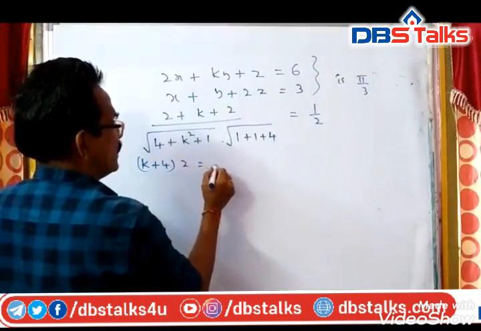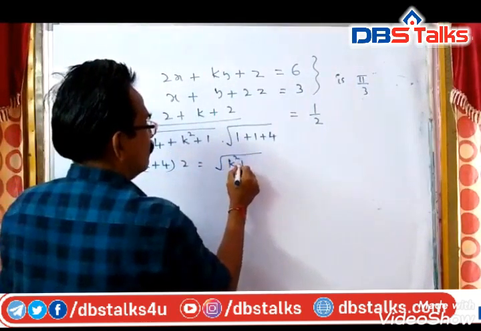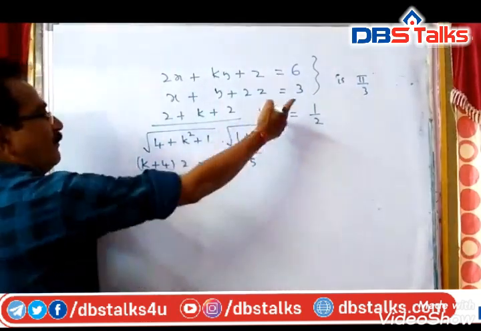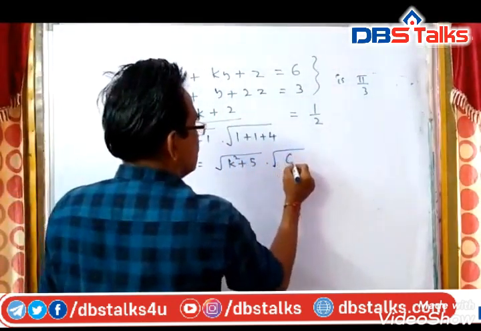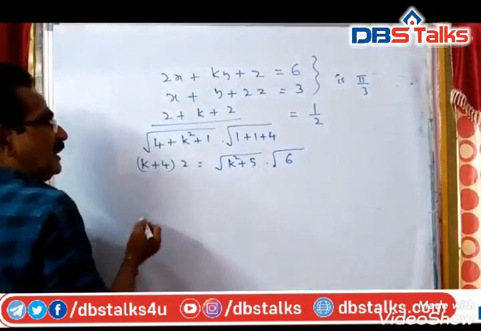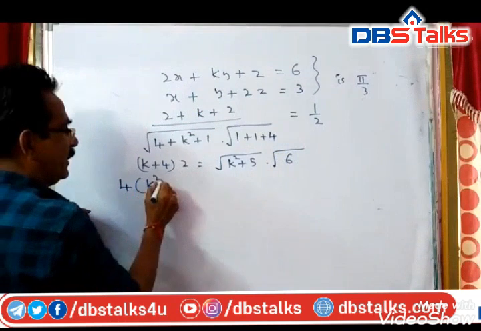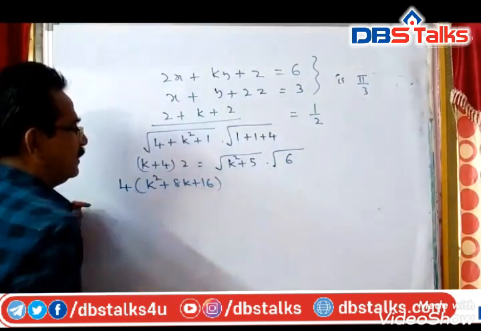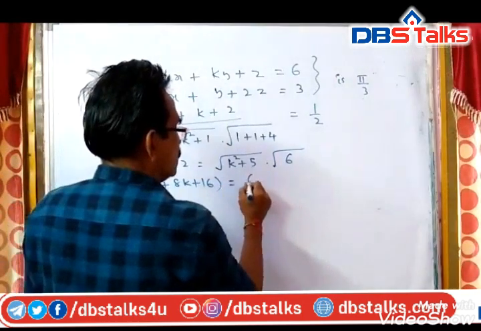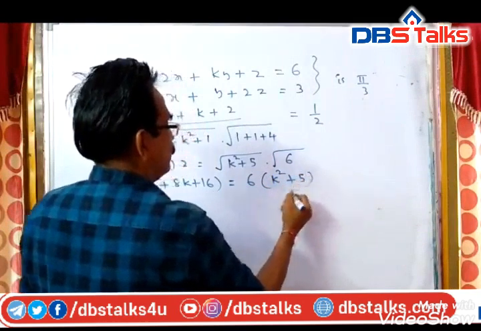Now (k plus 4) into 2 is equal to root of (k square plus 5) into root of 6. Now squaring on both sides, 4 into (k square plus 8k plus 16) is equal to 6 into (k square plus 5).